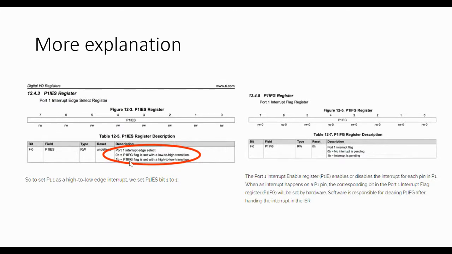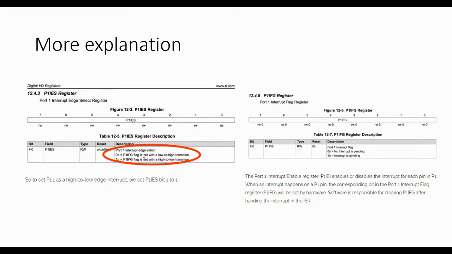P1IES is basically to select the transition. Let's say for example you apply a voltage from low to high, only that kind of transition will trigger the interrupt. If you apply high to low, you have to configure it as 1. If it's 0, you have to apply a low to high transition. It only detects the edge.